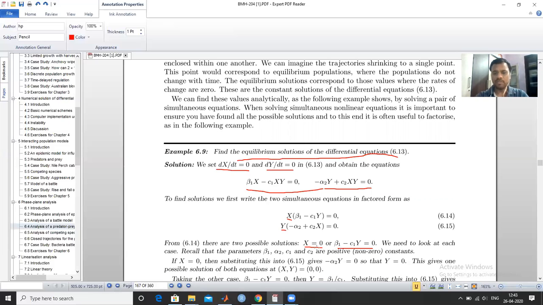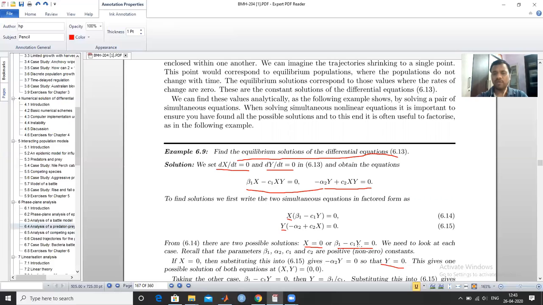If x is 0, what will be the value of y from the second equation? If you put x equal to 0, then you get y equal to 0.